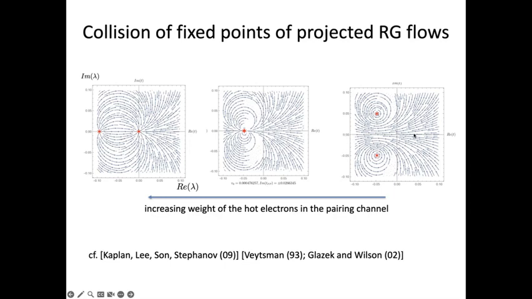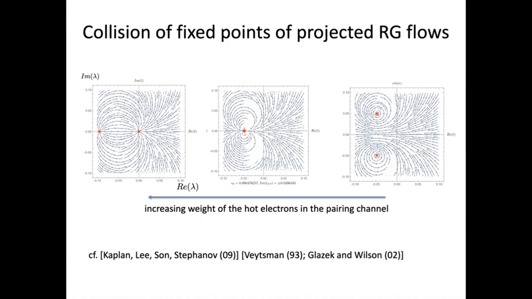So in this case, for the real theory, on the real axis, the coupling flows to negative infinity. Of course, if I only include electrons far, far away from the hotspot, these two points again come back closer to the real axis, because then electrons are not subject to the strong attractive interaction either. So there's some optimal weight between hot and cold electrons that is most unstable.